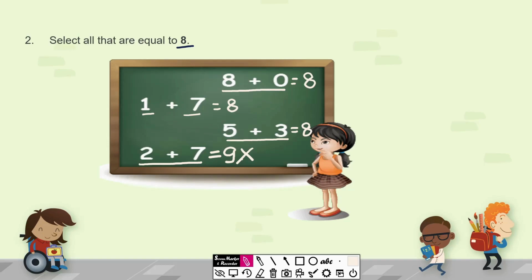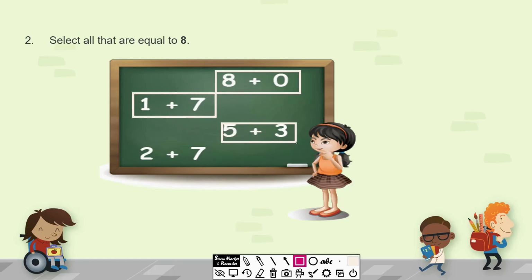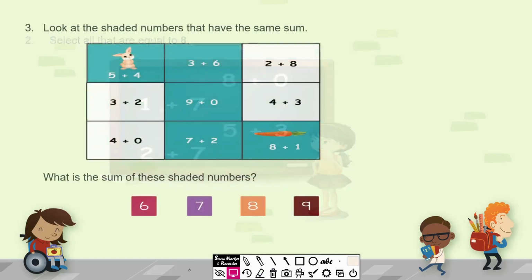So 8 plus 0 is equal to 8, 1 plus 7 is equal to 8 and 5 plus 3 is equal to 8. So these three are the correct answers for us: 8 plus 0, 1 plus 7 and 5 plus 3. Very good. Let's move further.